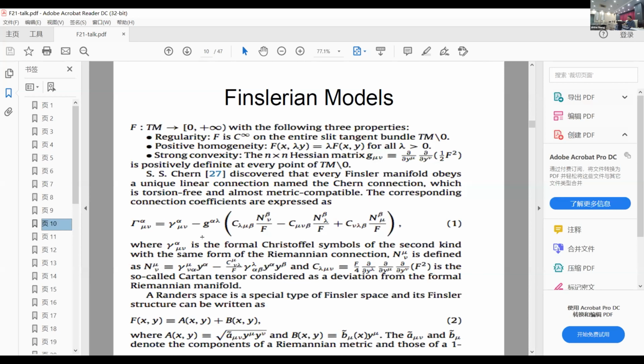The meaning is the following. The first term is the Christoffel symbol, just like in Riemann geometry. The deviation from Riemann geometry is given by the big C, the so-called Cartan tensor. If the Cartan tensor is 0, then this geometry reduces to Riemann geometry. So in this sense, Finsler geometry is an extension of Riemann geometry.